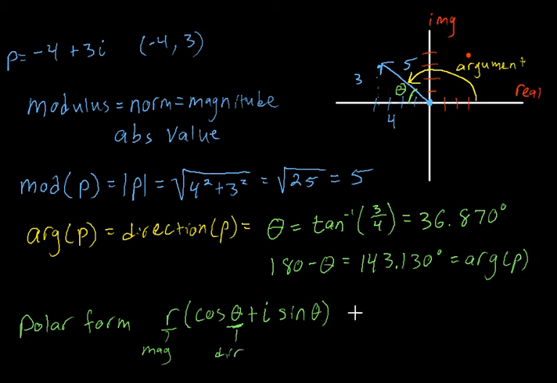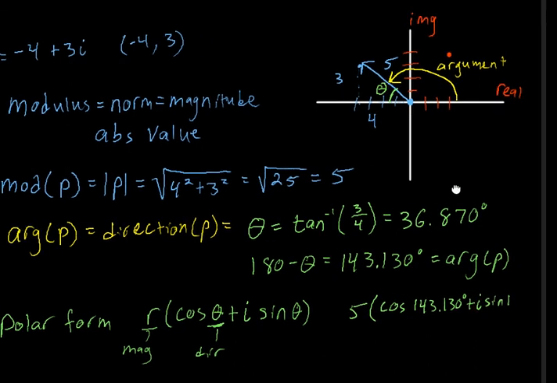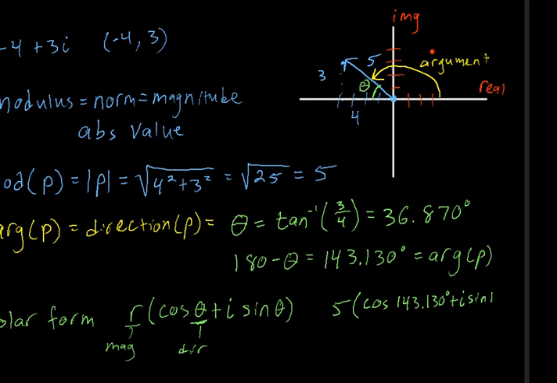So for our example here with P, our polar form is going to be 5 times the quantity cosine of 143.130 plus i sine of 143.130 degrees.